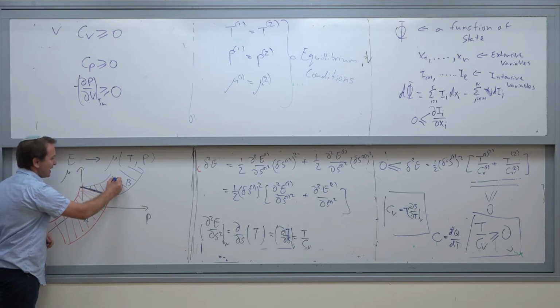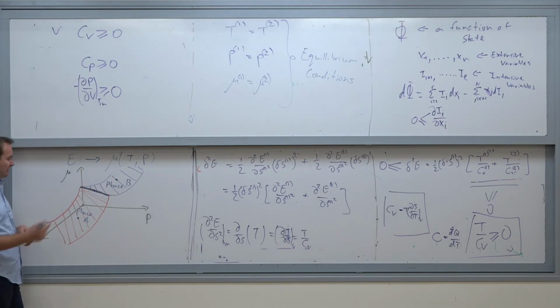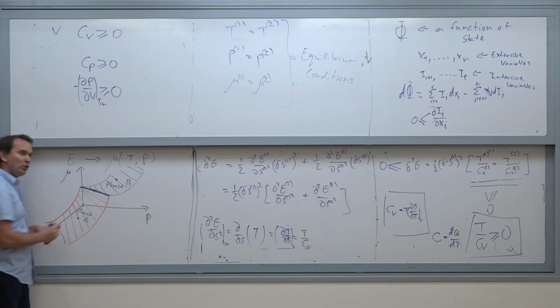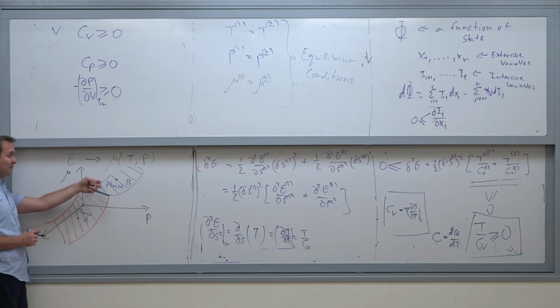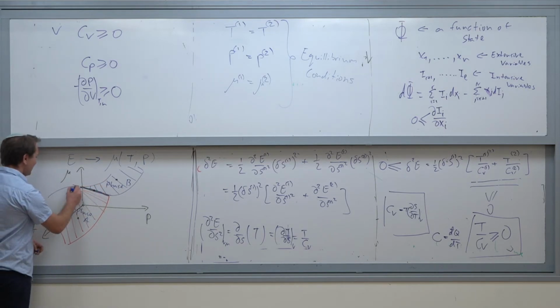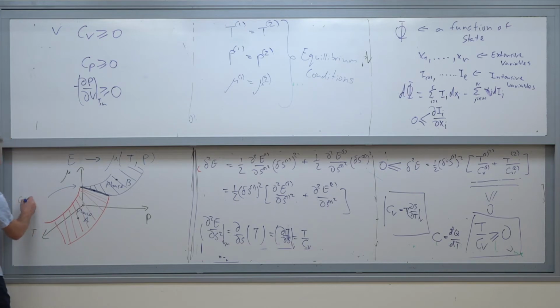In this region I'm only in the other phase. But here, two phases can coexist with each other. It's only in this case that the chemical potential of one phase and the chemical potential of the other phase are exactly the same. This line is called the coexistence line.